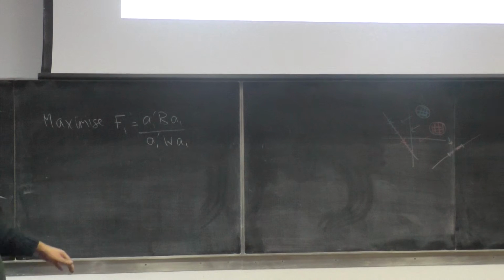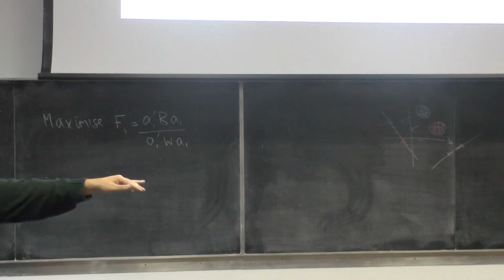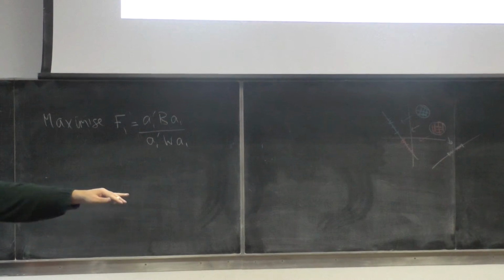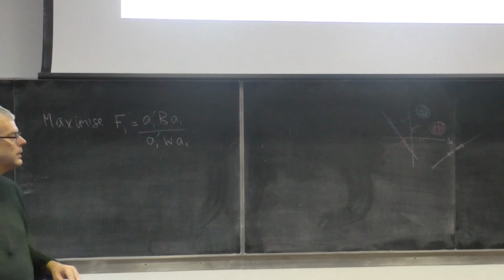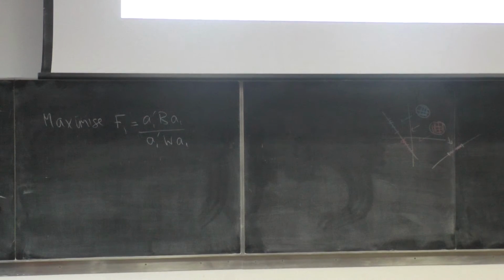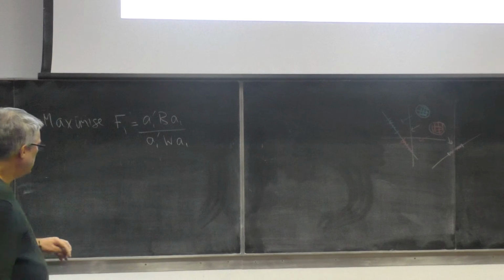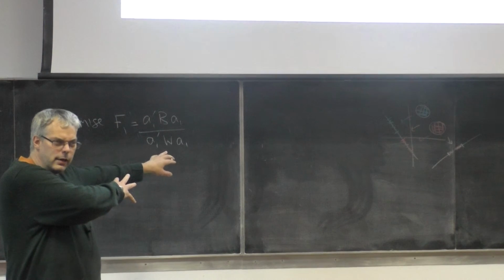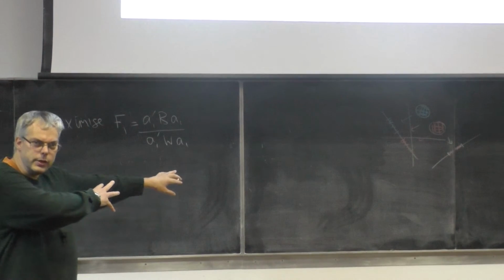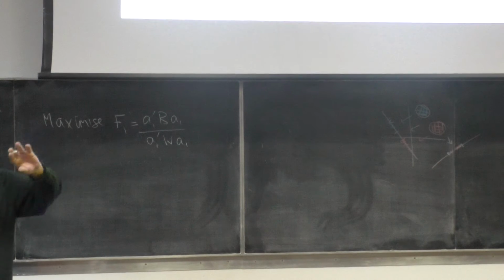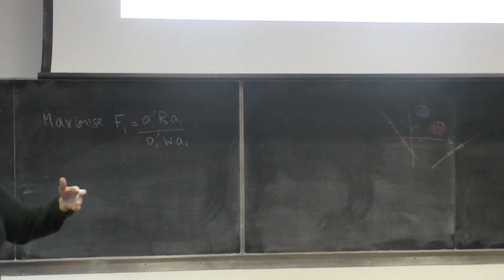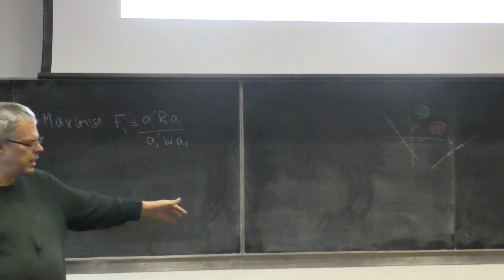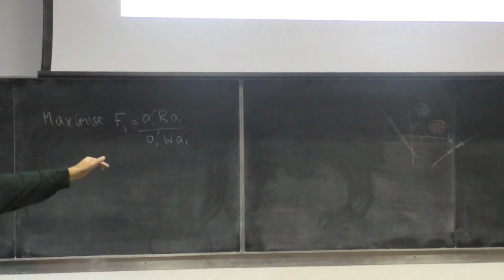Right, okay. So this is what we're trying to maximise. So we're going to try and choose a vector a that maximises this. Okay. Well, once again, like our PCA calculation, if I scale up a, so if I double it in length or something, that leaves this unchanged, right?